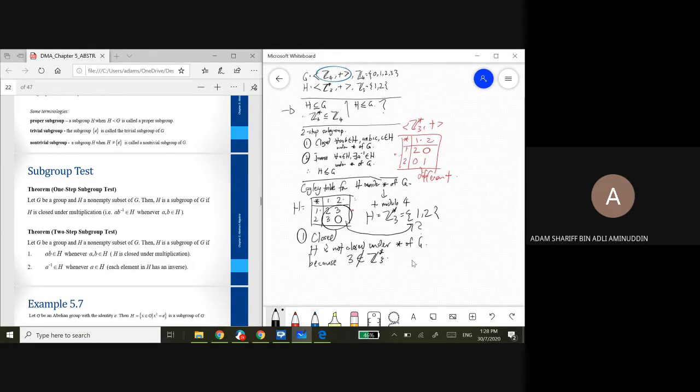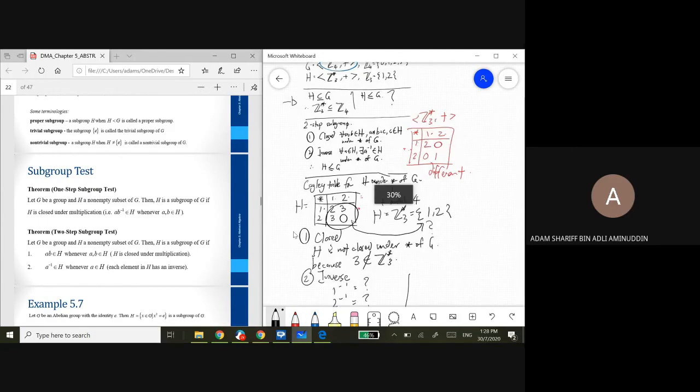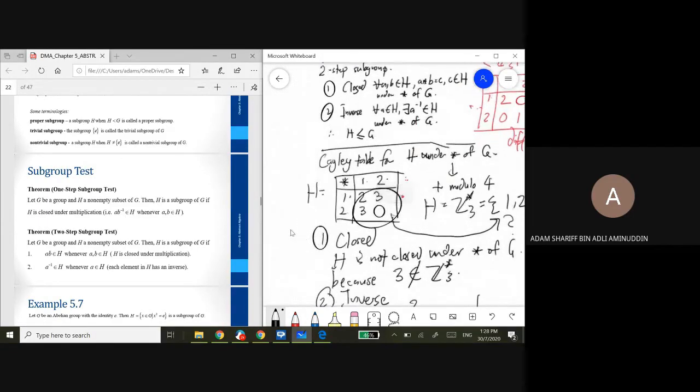For the inverse, okay, right now we are talking about inverse. Inverse, you must mention what is the inverse for 1, what is the inverse for 2. Apa dia? Okay. For the inverse, you need to have identity first. Right now, in this Cayley table, saya besarkan balik, sorry makin kecil.